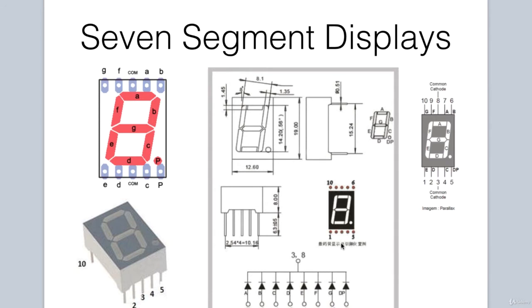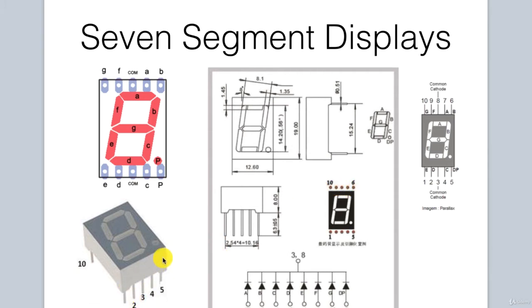If we orient the 7-segment display with the decimal point at the bottom right, the pins are numbered 1 through 10 as shown. Pin 1, pin 2, 3, 4, 5, and then at the top 6, 7, 8, 9, 10.